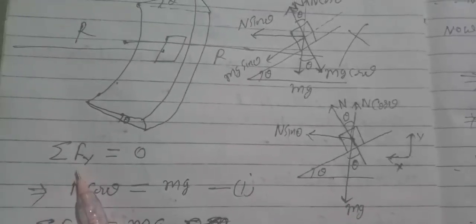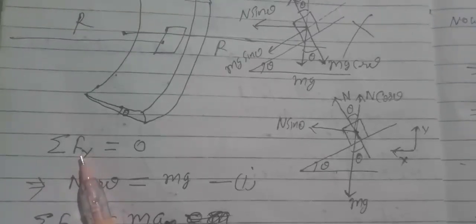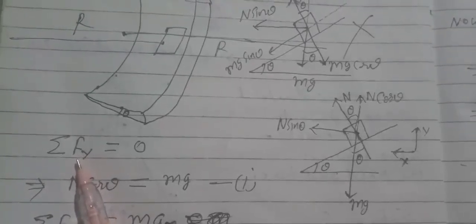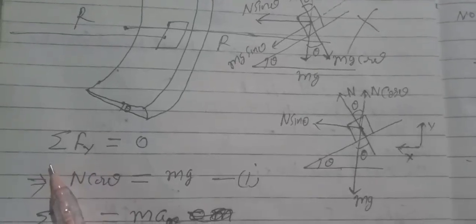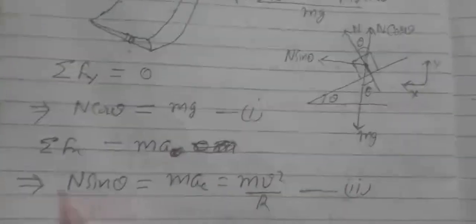Because the car is not moving in the upward direction, in this direction the net force is equal to 0. So we apply sigma F_y equals 0. This gives N cos theta equals mg, equation 1.